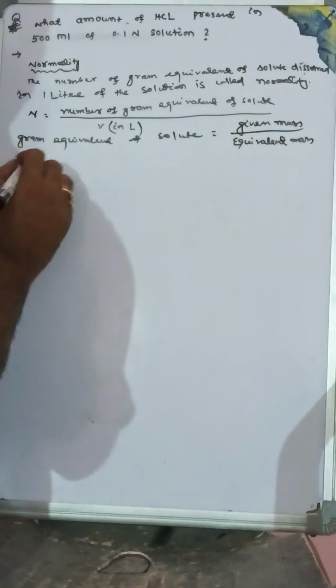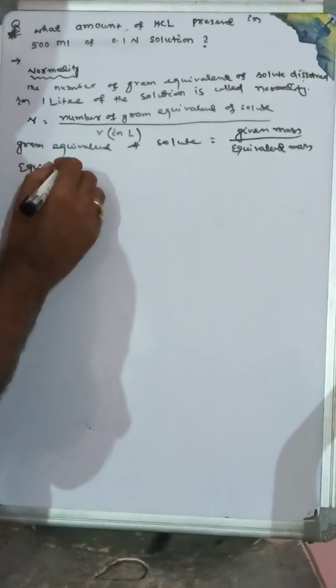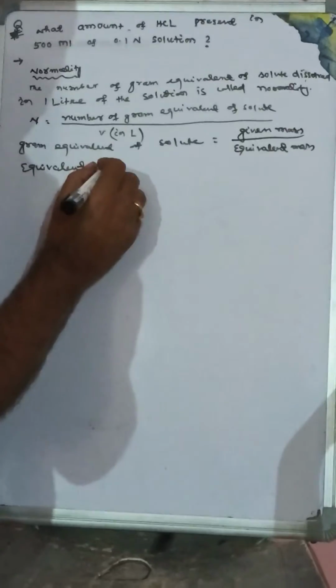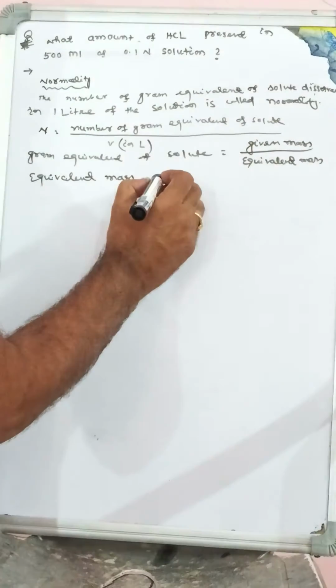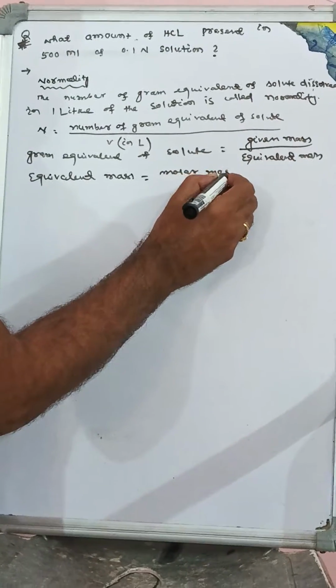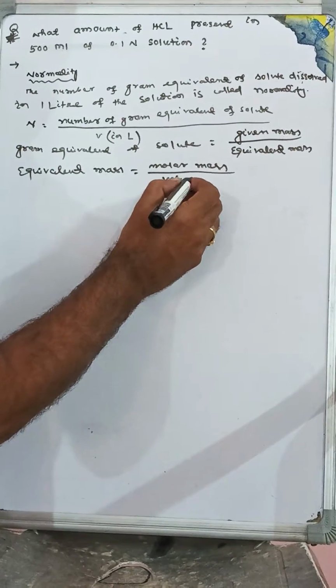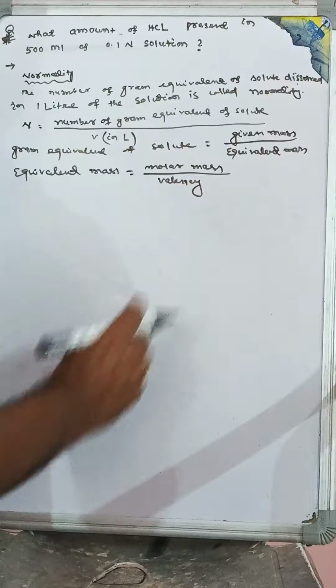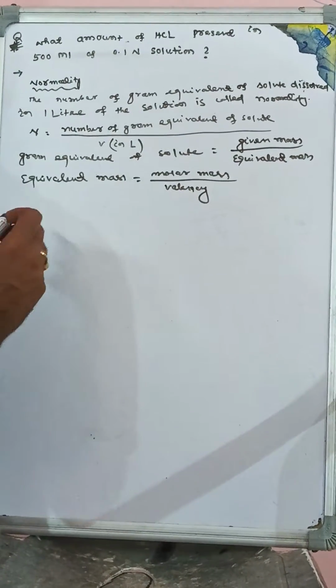Then equivalent mass is equal to molar mass per valency.